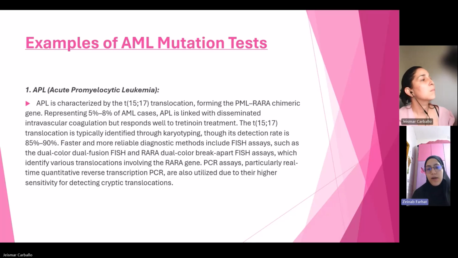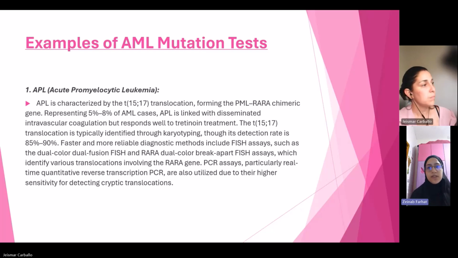Now, here I'm going to be summarizing some examples of the ones that the author did in the article. The first one is the APL, acute promyelocytic leukemia, which is the translocation between chromosome 15 and 17. As I said, it will lead to the formation of the PML-RARA chimeric gene.